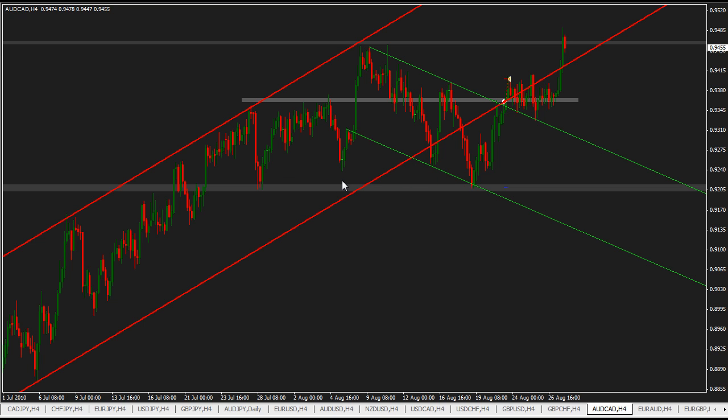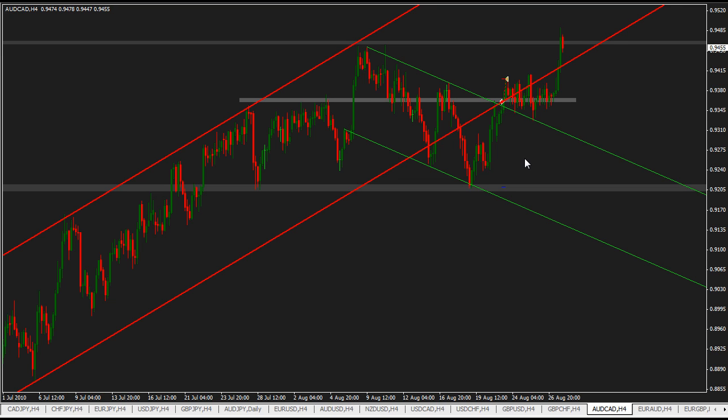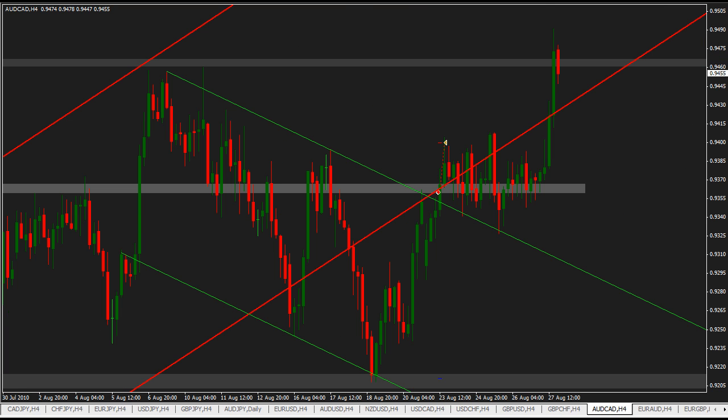So that signifies that it was a false breakout. So at this point, I kept in mind that this could be false. At the same time, I also kept in mind that if the breakout is not false, we're most likely to see a retest of either the support or the trend line before heading up into its respective direction.